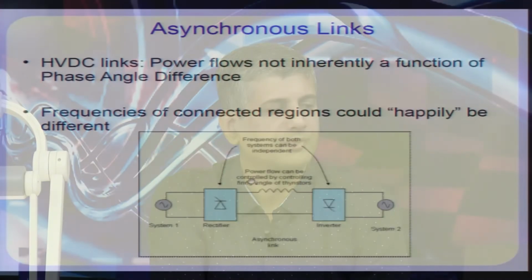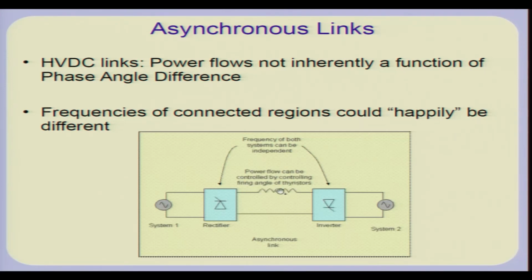So, the truth is that the HVDC link power flow is a function of how you control the converter, it is not inherently a function of the phase angular difference, and therefore, you can avoid problems of loss of synchronism etc. The power flow can be controlled by controlling the firing angle of the thyristors, and the frequency of the AC systems on both sides could be different.